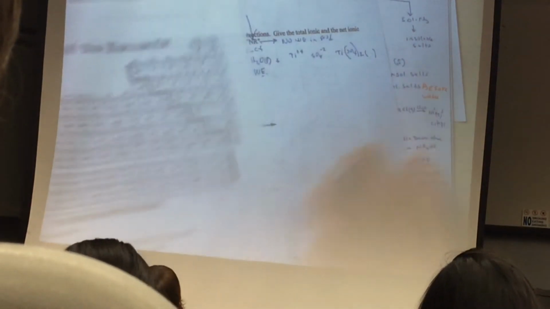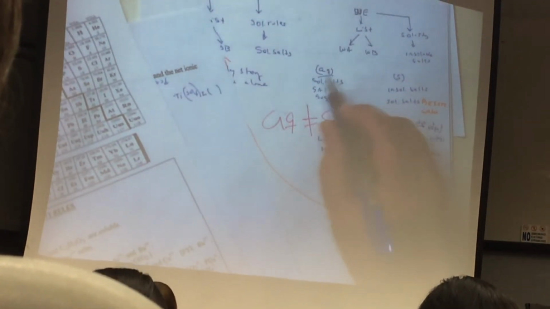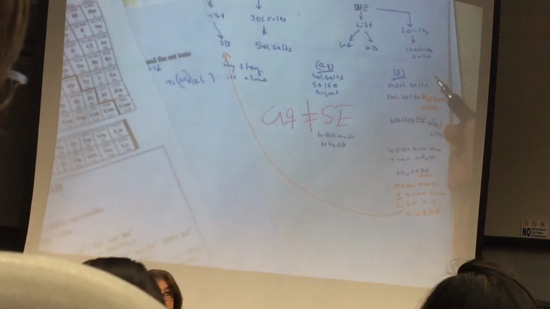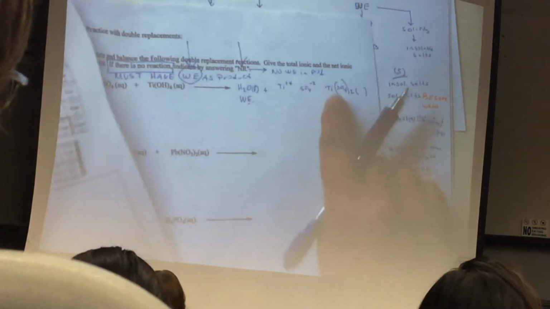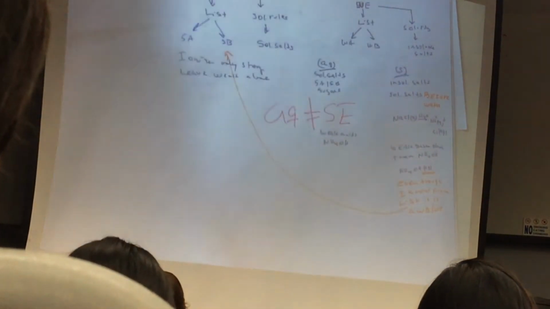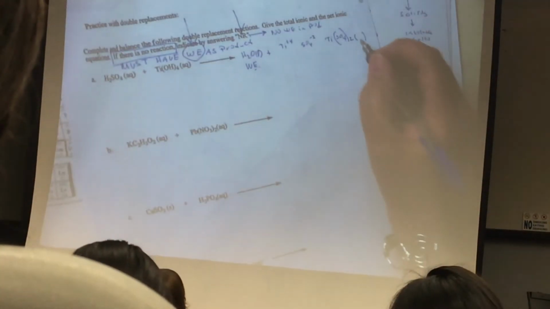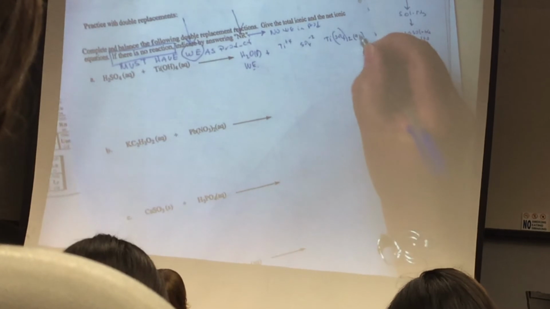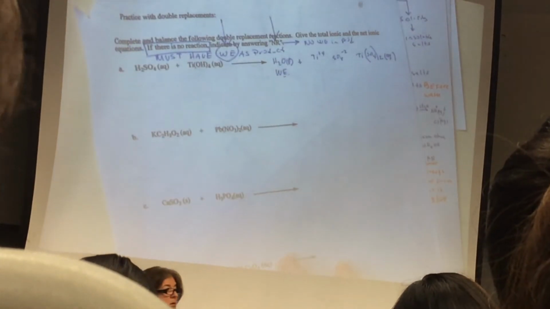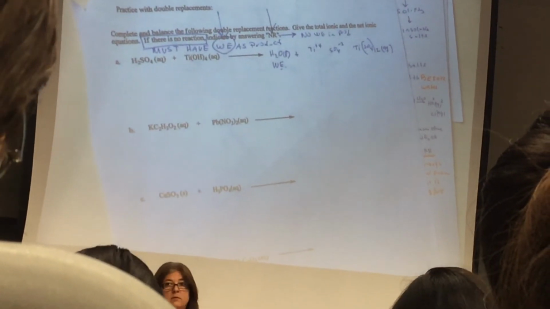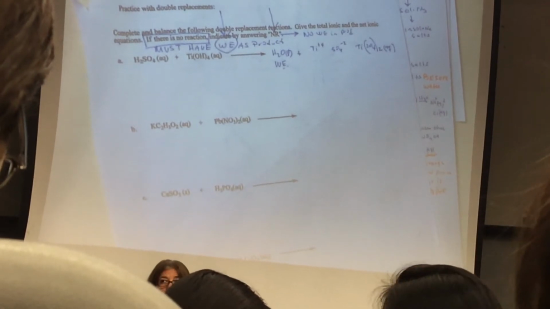So what do I put? My choices are aqueous or solid. And seeing as though that's a salt, it's either a soluble one or an insoluble one. According to the solubility rules, it is soluble, aqueous. Any doubt? You sure?